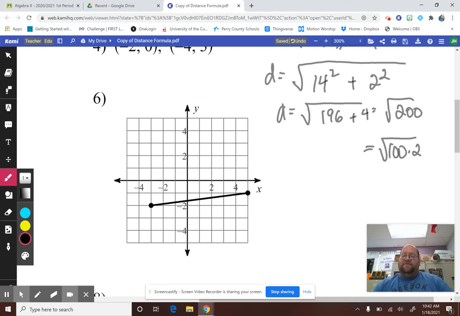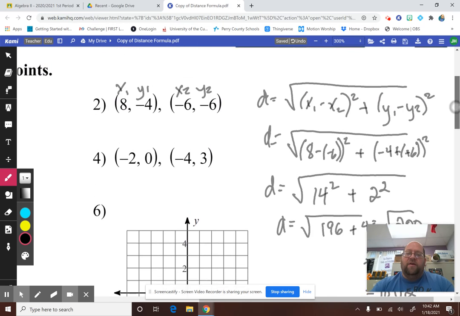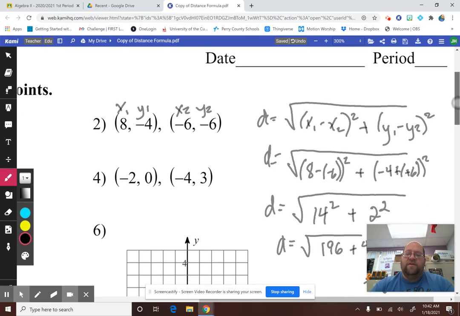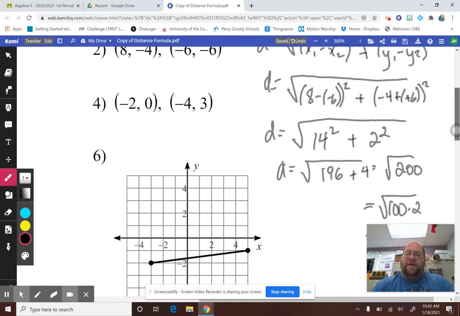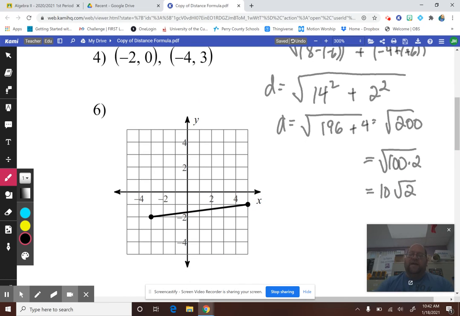And then that leaves me with the square root of 100, which is 10, and the square root of 2 has to stay underneath the radical. So the distance for number 2 here, using our distance formula, is going to be 10 radical 2.